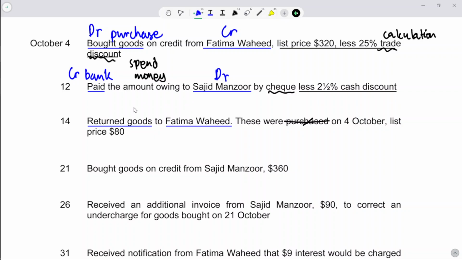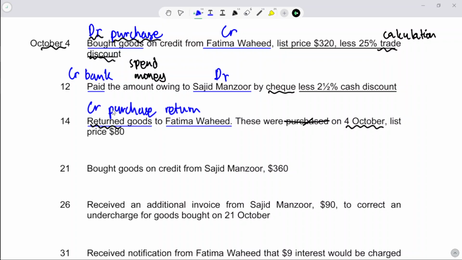So this one, let's see, it says Xin Yu 4 October. Purchase. So this one is a return, right? Together they say purchase return. So previously is a debit, now become credit.